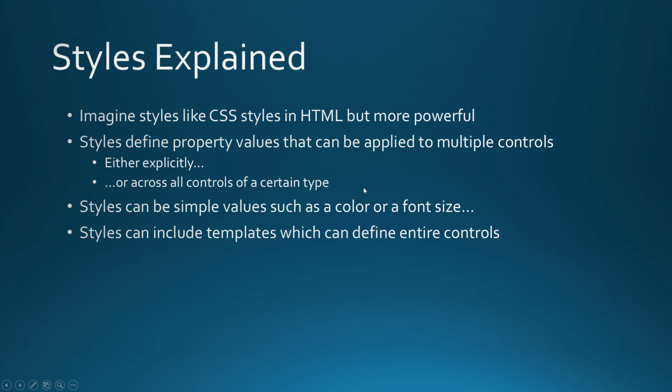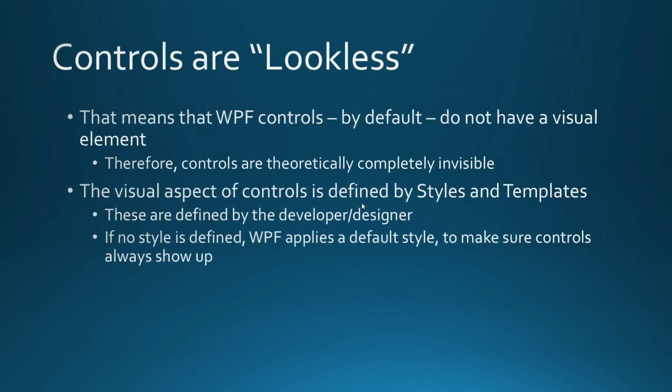So with styles, since we're talking about resources, the style is the main resource. Just like a cascading style sheet in HTML, you want to pull out all those fonts, font sizes and colors, put them into the resource dictionaries, and don't hard code them into individual controls. Controls are lookless in WPF, so by default they're applied a style that Microsoft said this is what a button will look like, this is what a list box will look like.